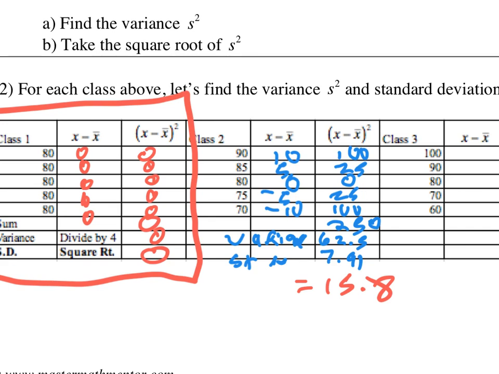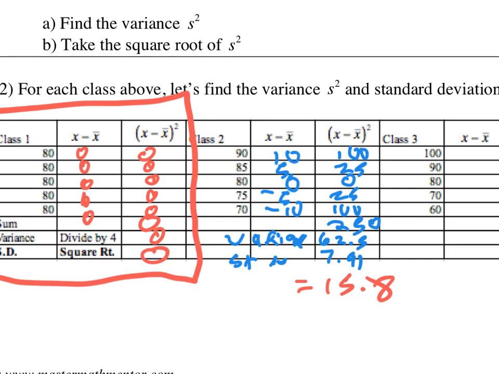There's a variance. If you think about it, if the average is 80, this number is basically giving you how far the values are from the average. So the average was 80, but most of these numbers were not at the average. You got a 70, 75, you got an 85, 90.